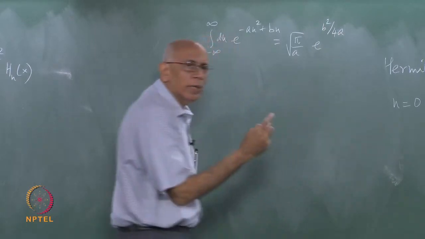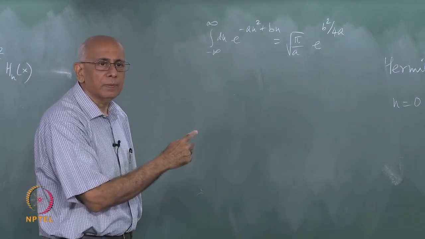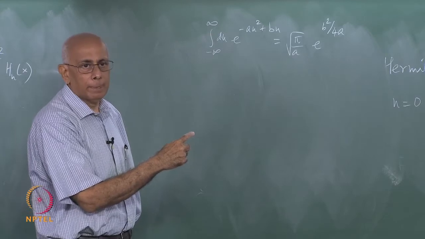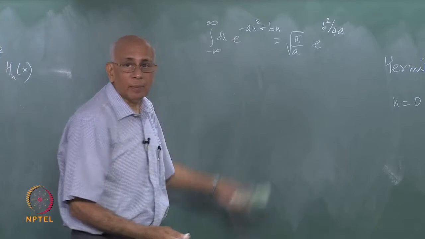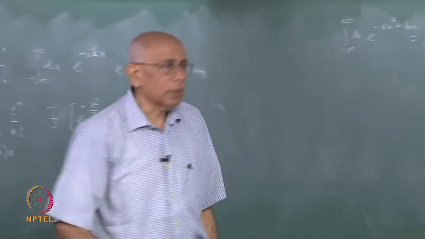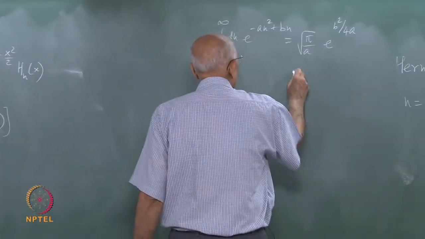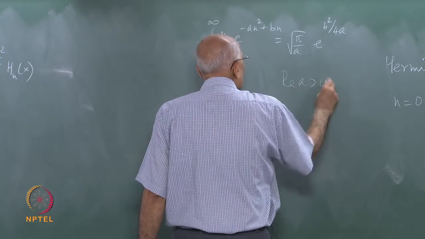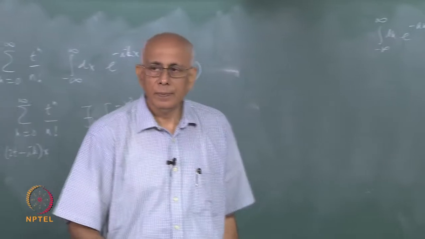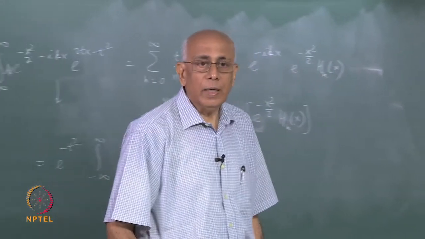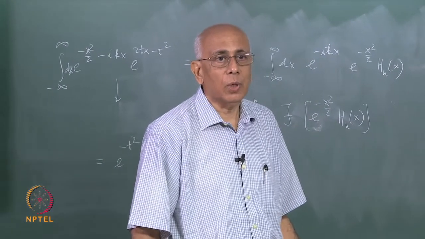What condition do you need on a for this? It had better provide a damping factor, so the real part of a greater than 0. What condition do you need on b? Do you need any condition on b at all? No.